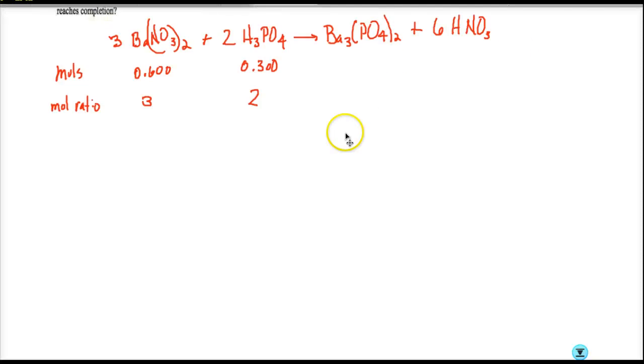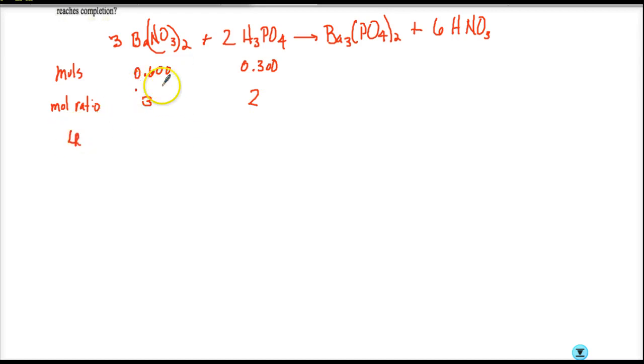to get my limiting reactant only, and then I'm going to erase it.